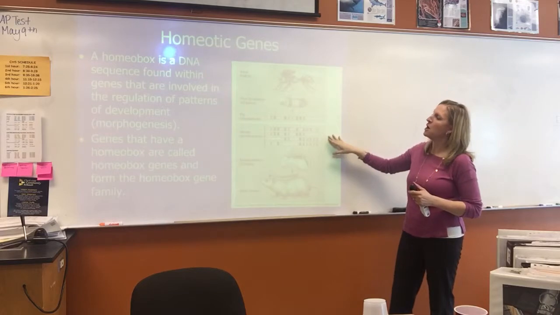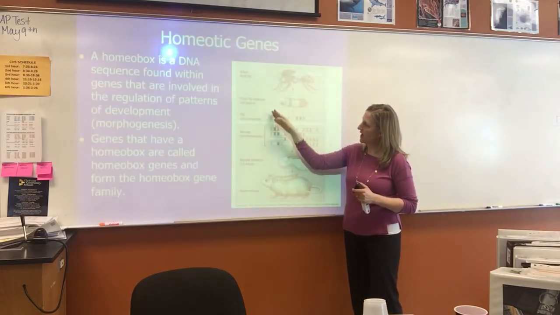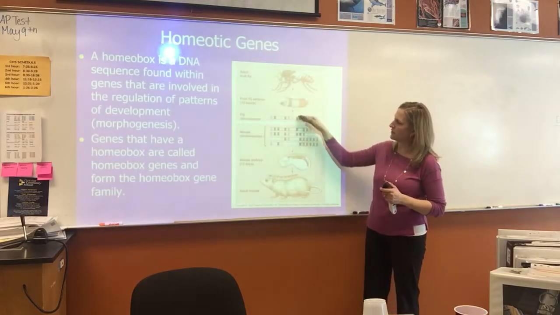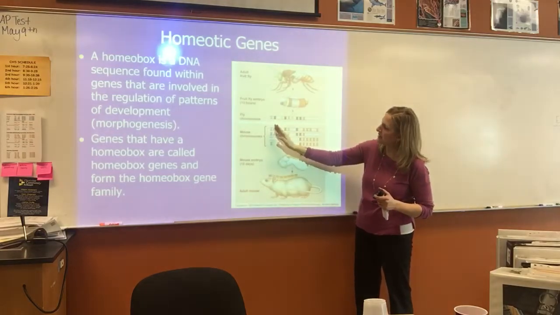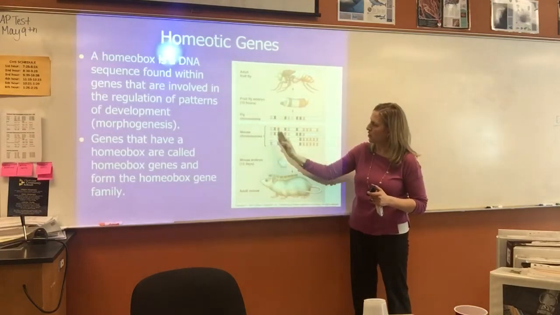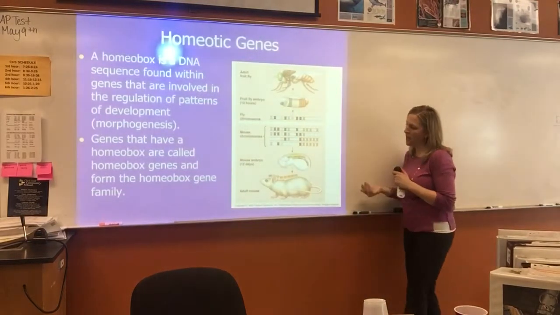And so remember we talked yesterday that these genes are found in the fly and the mouse, and we color coded them, and we noticed that by color coding them that they correspond to the same type of region in the fly and the mouse.